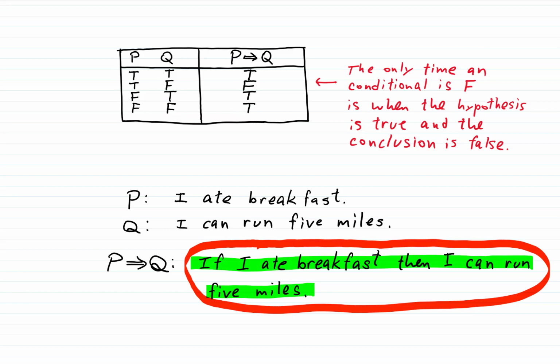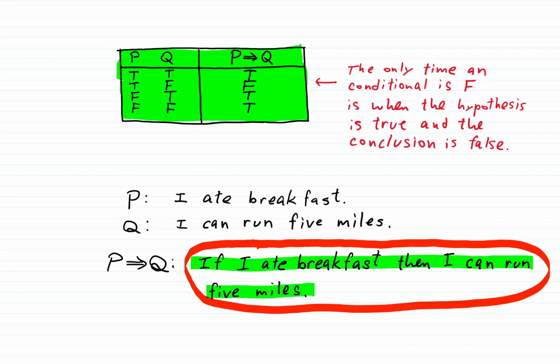Please try to commit this truth table to memory, but that's not hard to do because of what I wrote in red there. The only time an implication is false is when the hypothesis is true and the conclusion's false. That's all you need to remember. In all other cases, it's true. Okay?